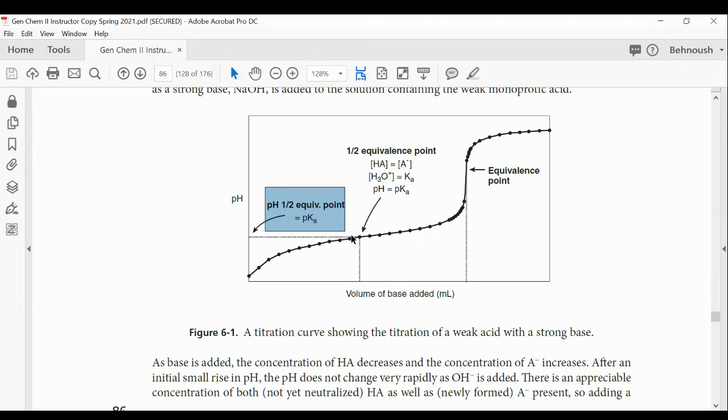Ka equals 10 to the power of negative pKa. Very good. So pKa is the negative log of the Ka value, and if you want to take it back, you take the anti-log, or you say that it equals 10 to the power of negative pKa.